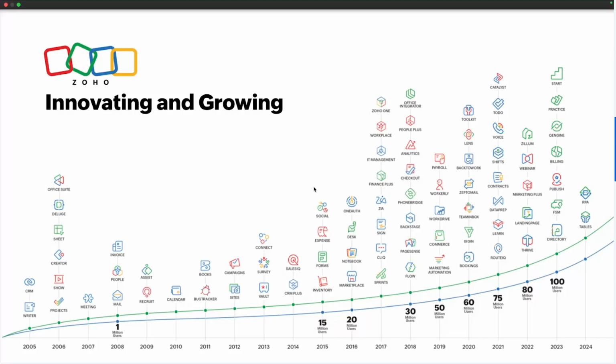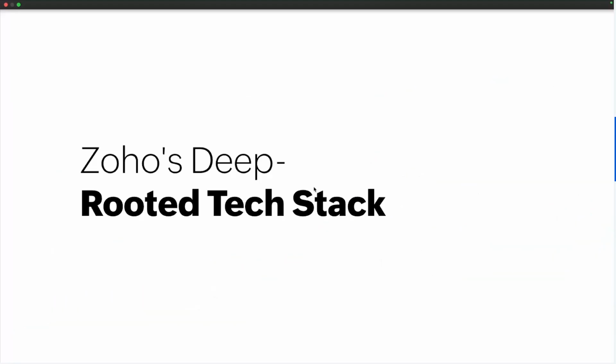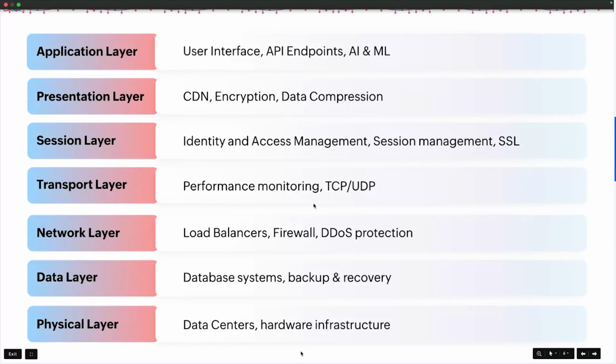So the key to our success and speed of developing and scaling these new products rapidly lies in our deep-rooted tech stack. When I say our deep-rooted tech stack, we've meticulously built our entire application tech stack from the ground up, covering everything from servers and database systems in the physical and data layers to cutting edge AI and machine learning models up there in the application layer.